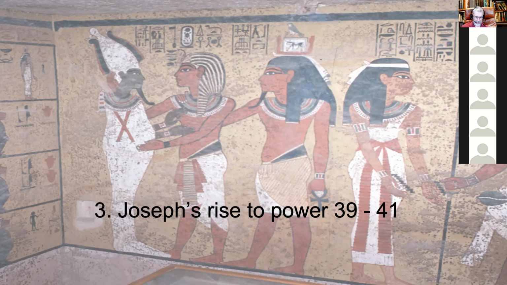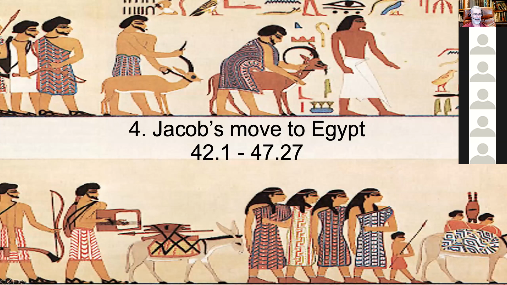So the 7 years of plenty came to an end, and Joseph opened the storehouses and began to sell grain in Egypt. And this takes us to the stories of Jacob's brothers coming down into Egypt. This is a tomb painting that we find at a place called Beni Hassan in Egypt.